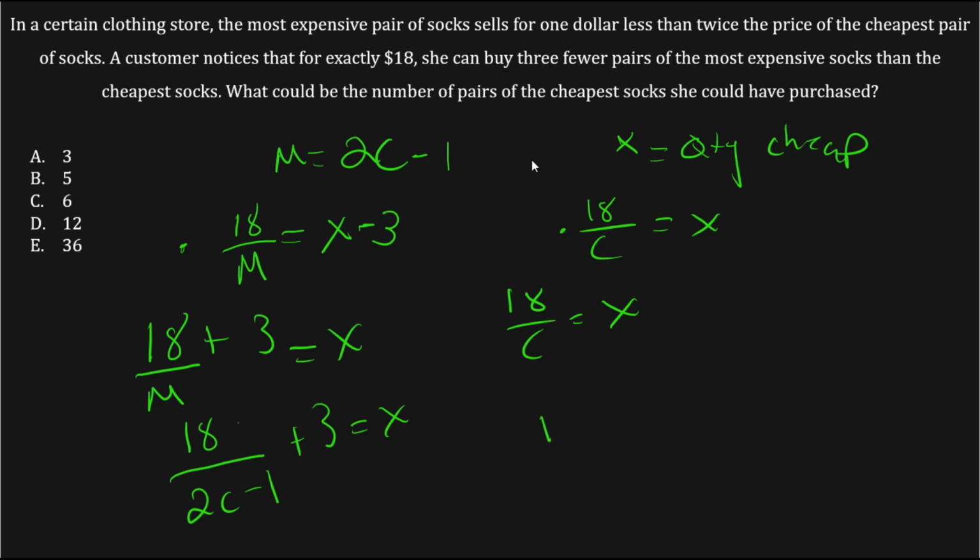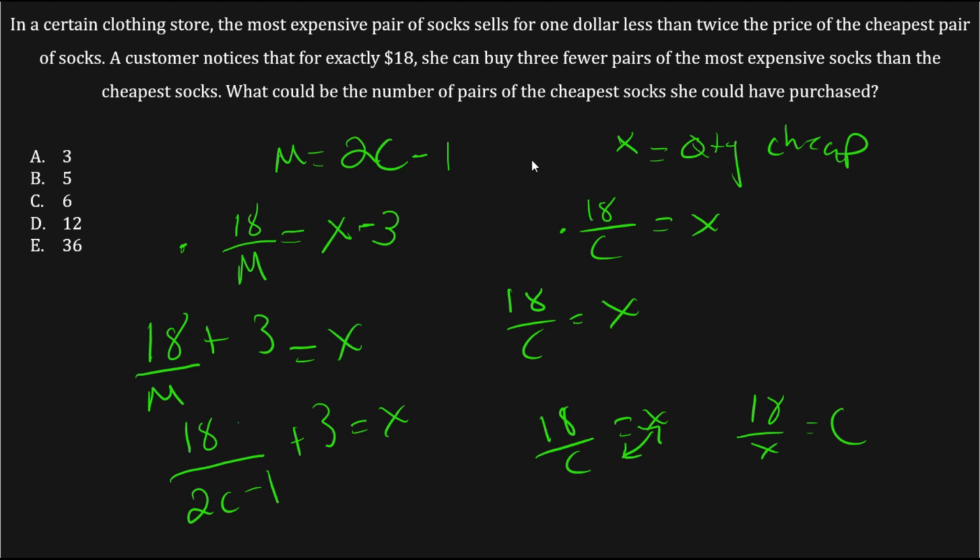And then 18 over c is equal to x. We can swap these two because basically we're doing c times x is equal to 18 and then dividing out the x. So then 18 over x is equal to c.